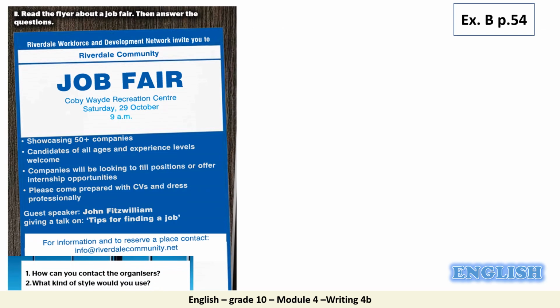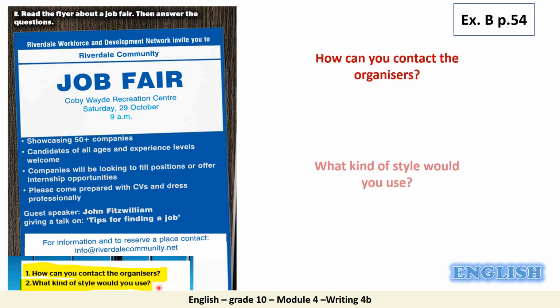Let's look at exercise B, page 54. You need to answer the given 2 questions. How can you contact the organizers? And what kind of style would you use? Pause the video for a minute and try to answer these 2 questions.